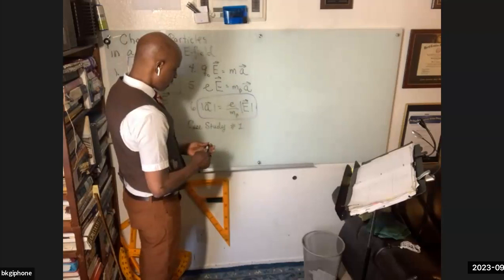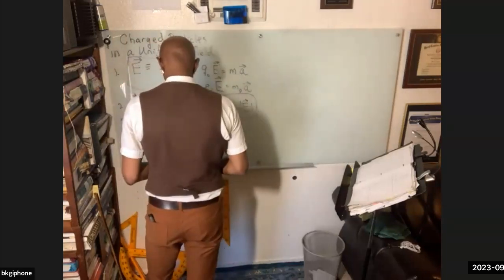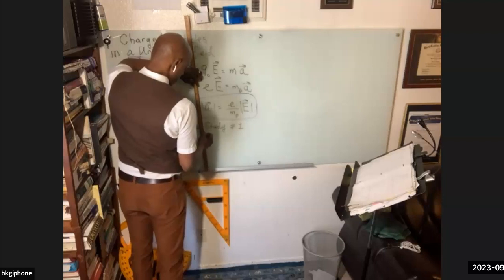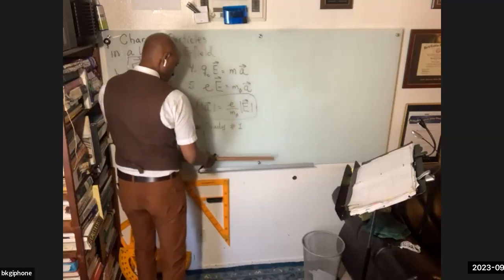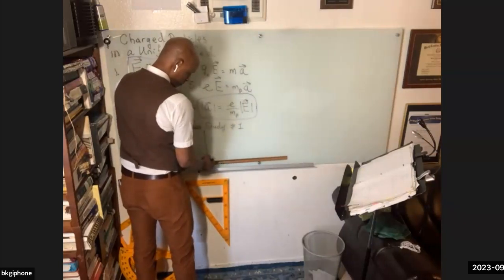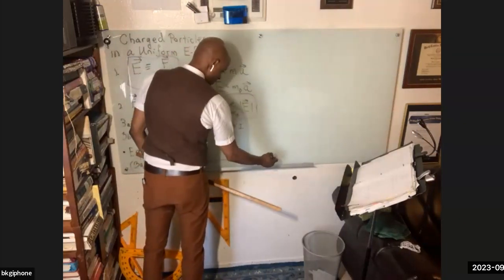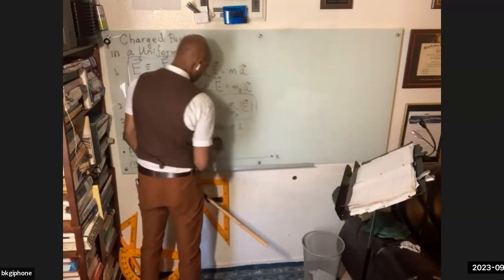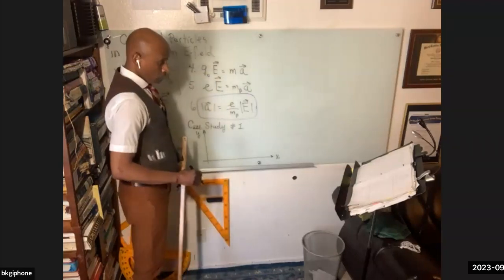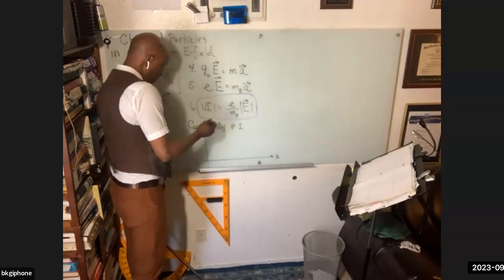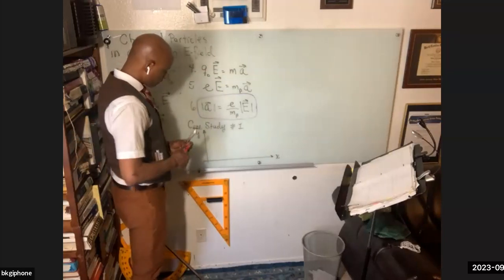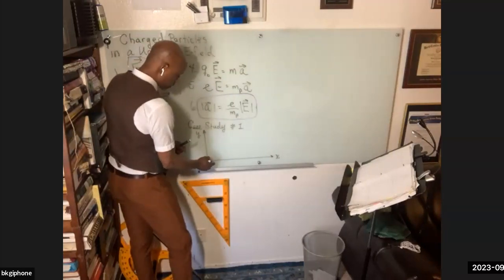Let's say that we have an electric field pointing along the x-axis, and we set up our coordinate system in the following fashion, where we have the x-axis along the horizontal and the y-axis vertical. And we're going to place, say, a proton down here at the origin, and we'll place it there at rest.